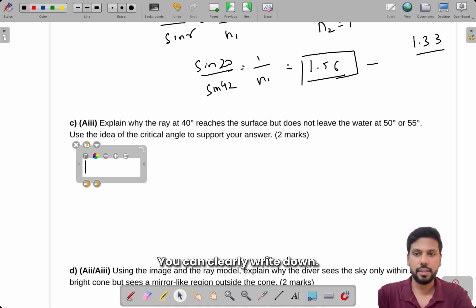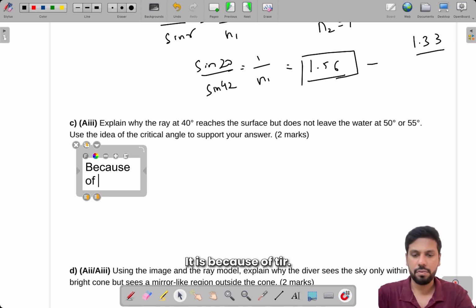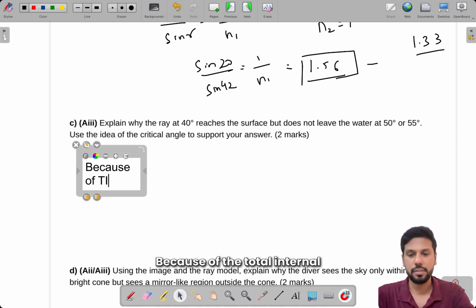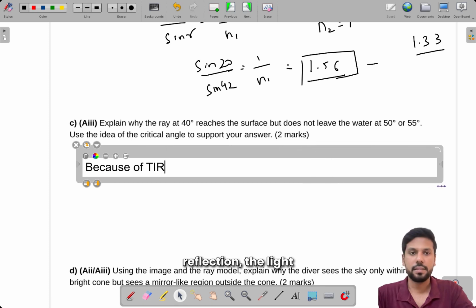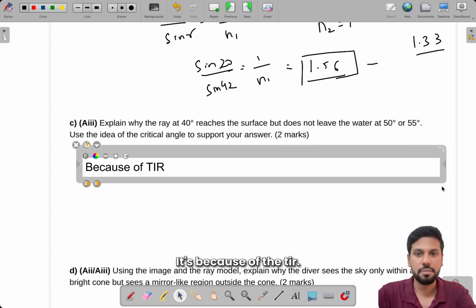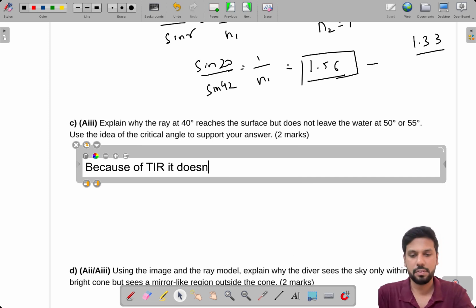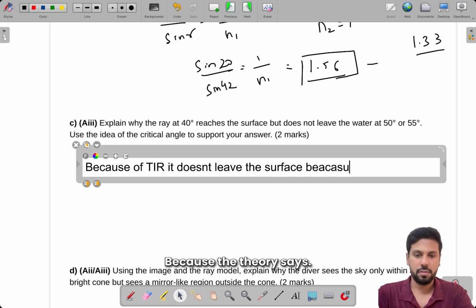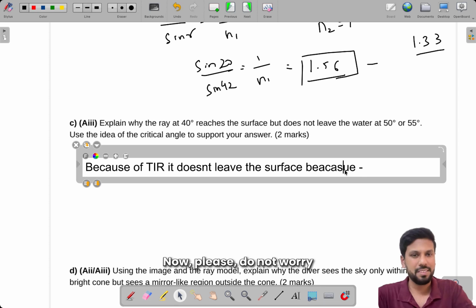You can clearly write down that it is because of TIR, because of the total internal reflection, the light does not leave the surface. Please do not worry about the typos. I'm very bad at typing.